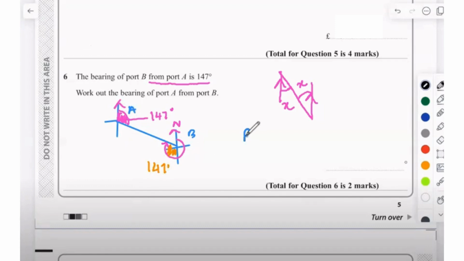So to find the bearing, we add 147 to 180 because this is a half circle. So 147 plus 180 gives us 327 degrees as the bearing of port A from B.